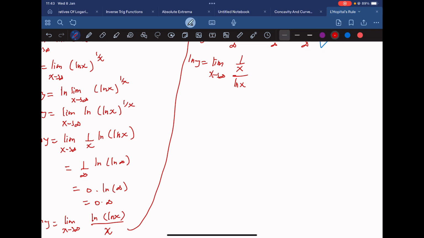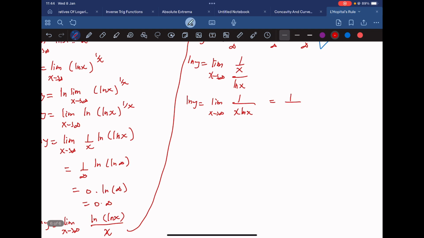Okay. So now let's rewrite this. This is the same as writing ln of y, limit as x approaches infinity, 1 over x over ln of x, the same as 1 over x ln of x. Okay. So now, let's put in infinity. On the right hand side, if we put in infinity, we have 1 over infinity times ln of infinity, and ln of infinity is infinity, right?